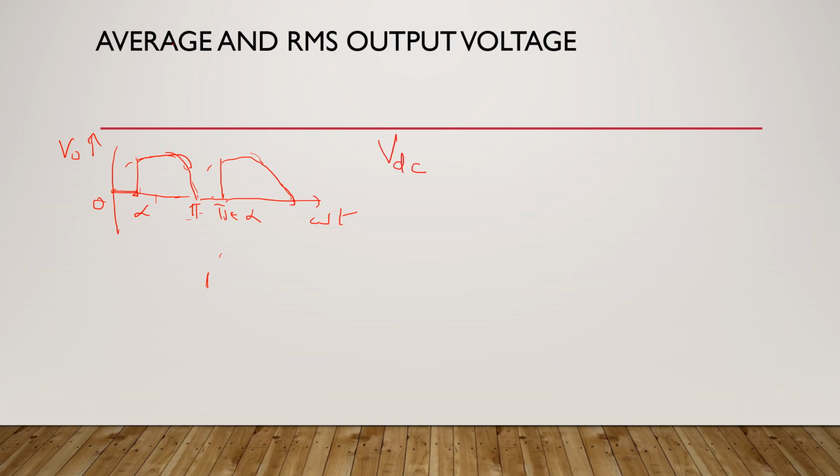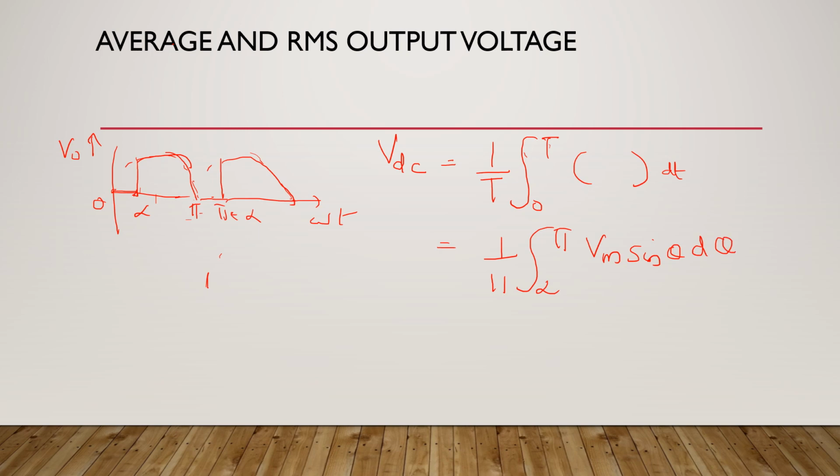Your output is DC, so the average value is the DC value. Normally we find the average value by integrating over the whole period, the integral over 0 to T of whatever the voltage is. Here the period in this waveform is pi, so it is repeating after pi. From 0 to alpha there is no output. From alpha to pi, the waveform is Vm sine theta d theta, or Vm sine omega t d omega t.